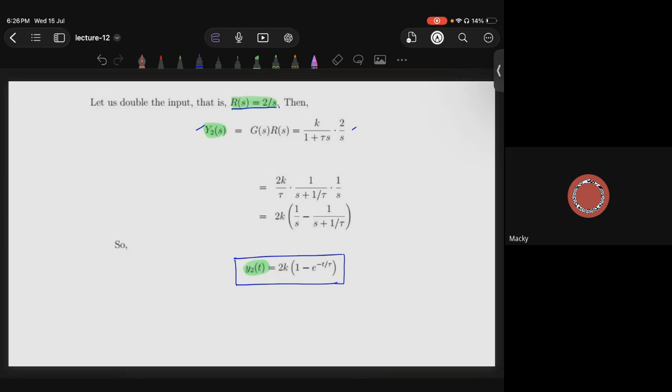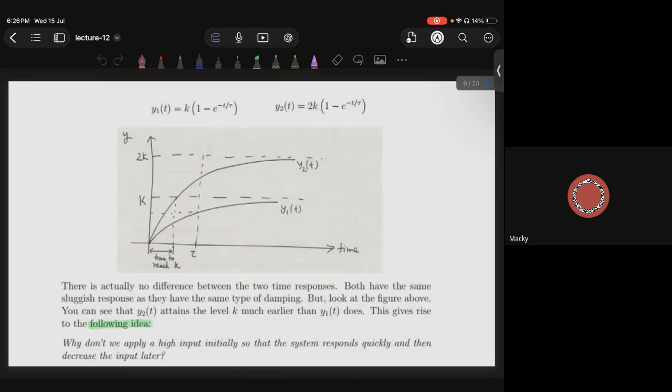Now if you plot both Y1 and Y2, Y1 is this, Y2 is this. Y1 will settle to K value, Y2 will settle to 2K value. Correct? At time t equal to infinity.